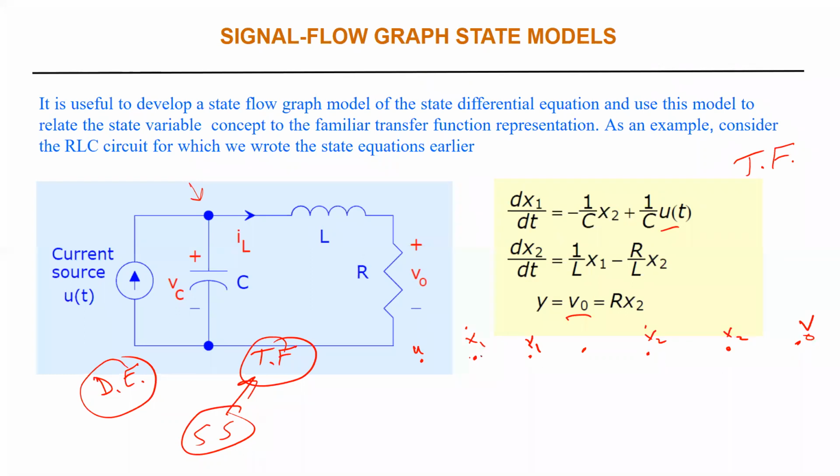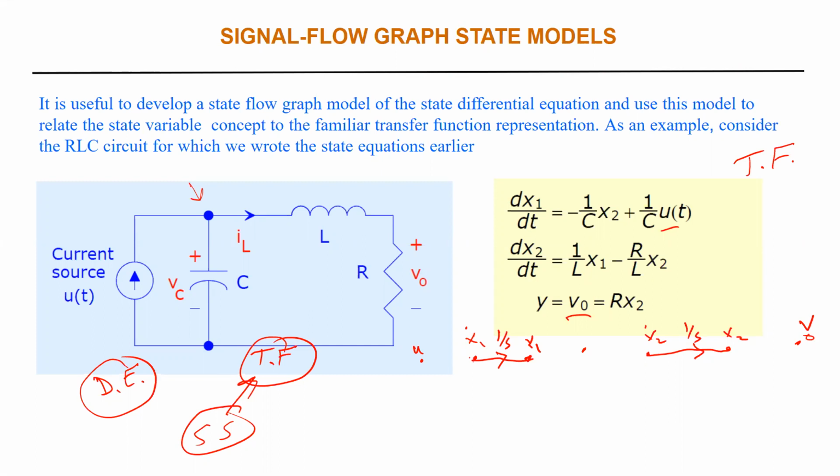What is the relationship between x1 dot and x1? If this is x1 dot and this is x1, you multiply by 1 over s, so you integrate. This is the same here, 1 over s.